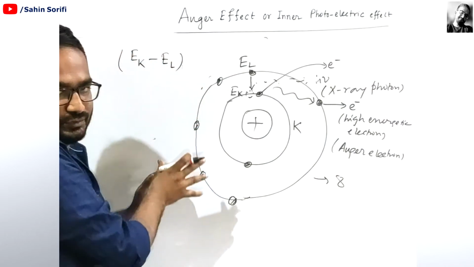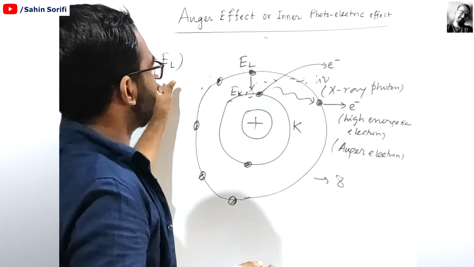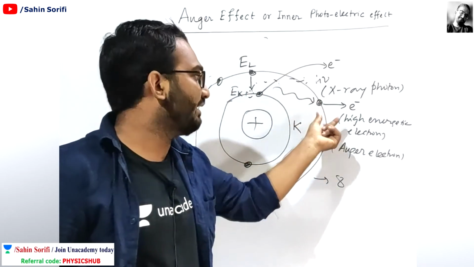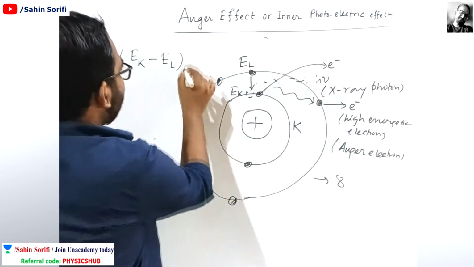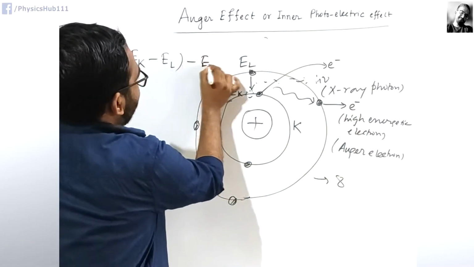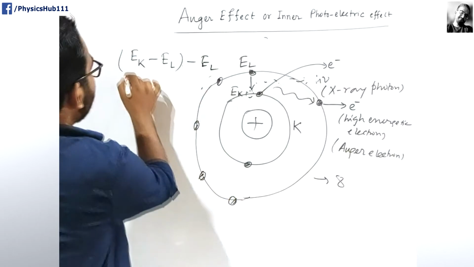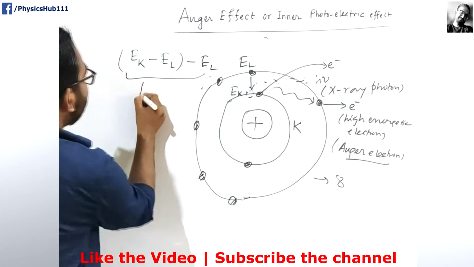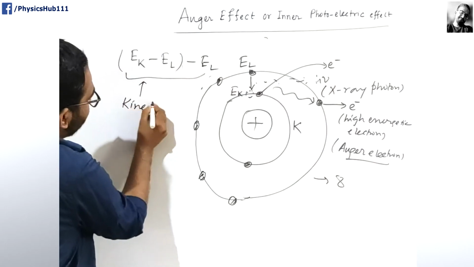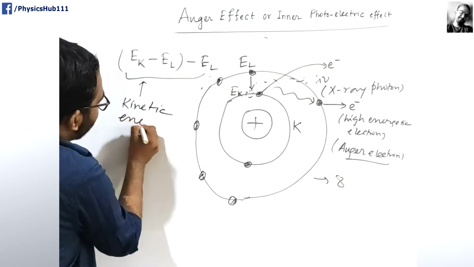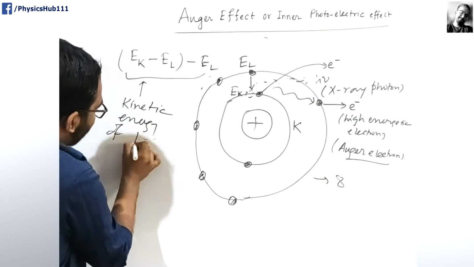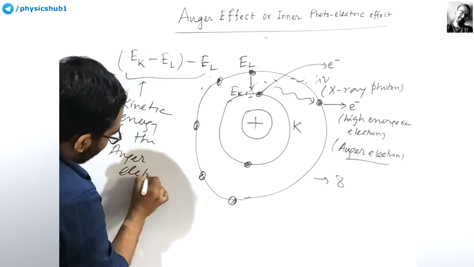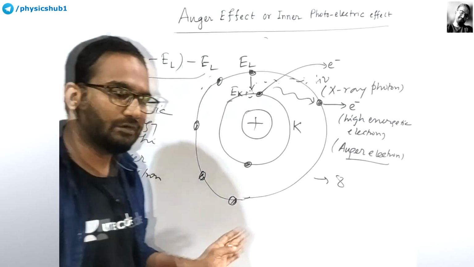This will be the emitted photon. Now this energy will be applied on this electron. If it overcomes the binding energy of this electron, meaning if we subtract EL further, then this much energy will be the kinetic energy of the Auger electron. So this is all about the Auger effect.